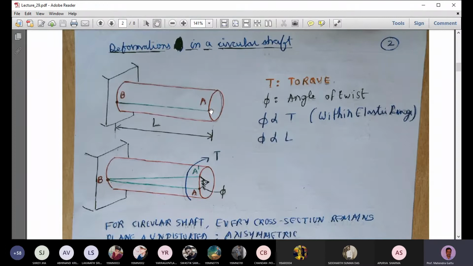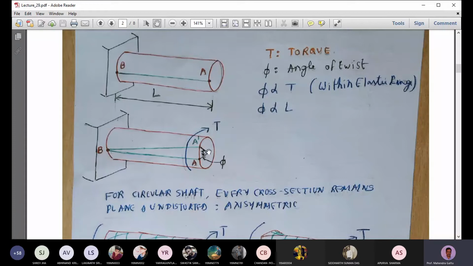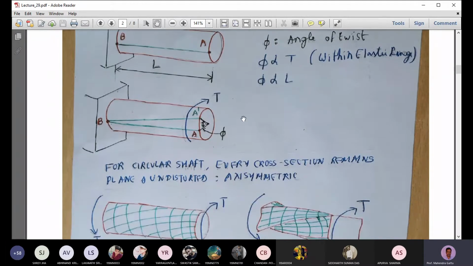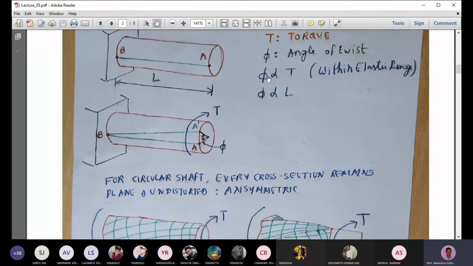The point A will move a little upward, as shown here, and at the center, the arc from A prime to A will subtend an angle phi. Initially, the line along the longitudinal axis will deform and become A prime B. So we can say that this angle phi at the center is directly proportional to the length of the beam.